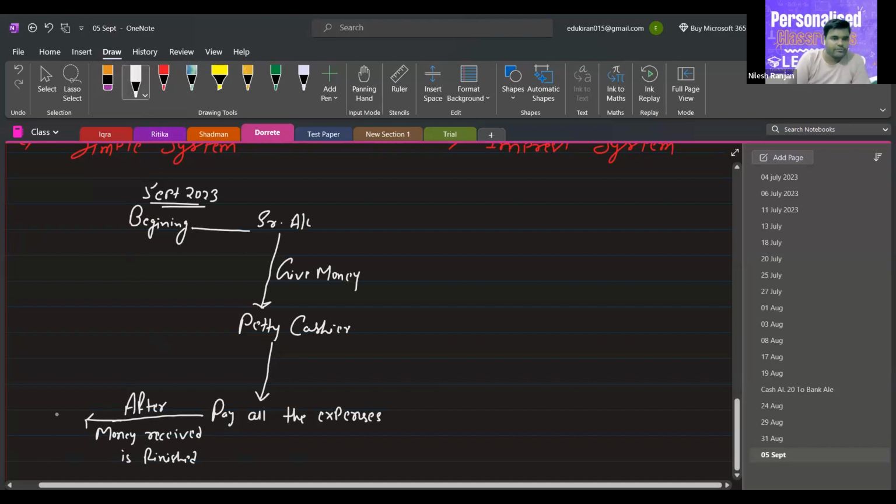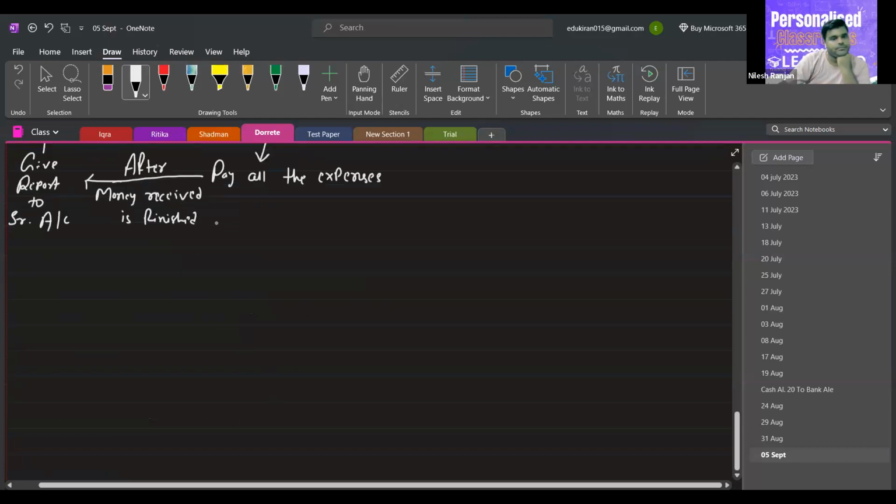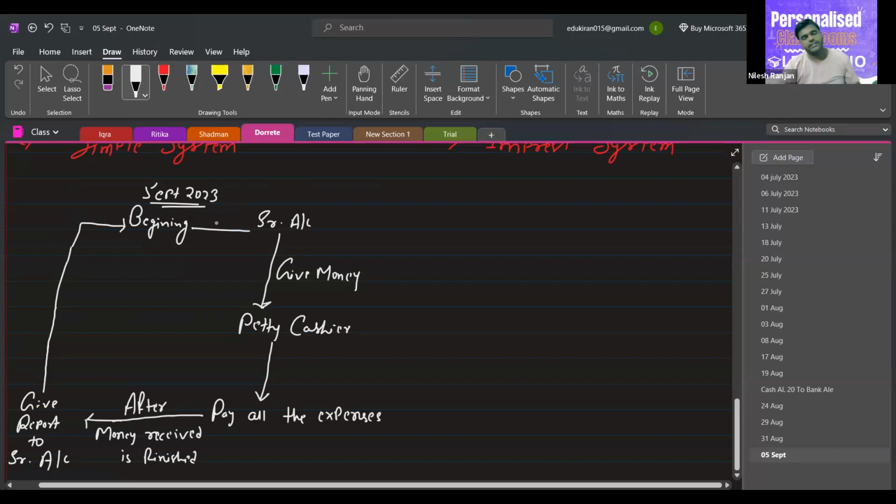He will give a report to the senior accountant, and after verification, again the senior accountant will pay the money for the next period. Are you getting this?